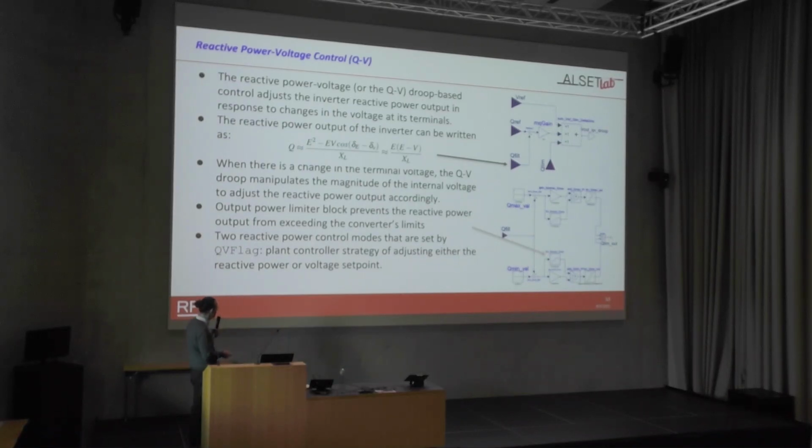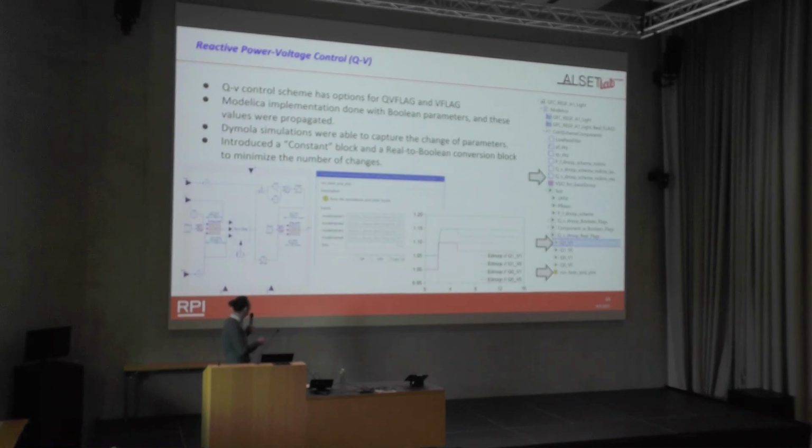You also have limiters for this, and now the additional step is that there are different options on the priority you want to set. If you want to control the reactive power over the voltage magnitude, because you cannot do both things at the same time. So in this world of power systems, I love to use these binary flags that are either 0 or 1. And then you have 2 of them, unfortunately.